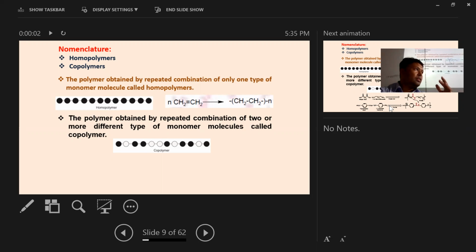If you understand the meaning of the word, then you can define it. Here you can see in this figure, all the repeating units are of the same pattern. That means maybe this is CH2, this is CH2, this is CH2, CH2. All of them are the same. So these are the repeating units.